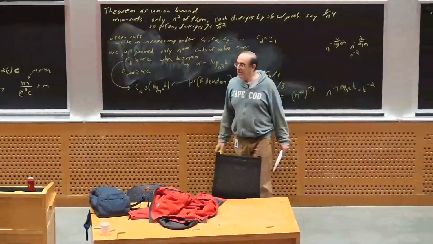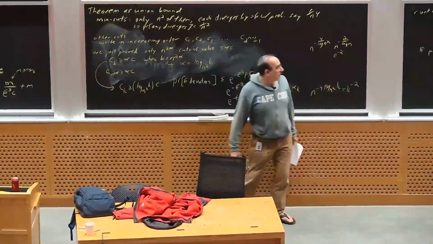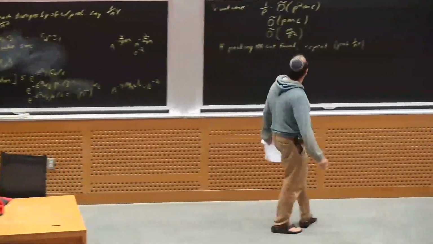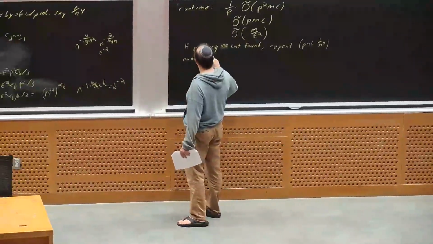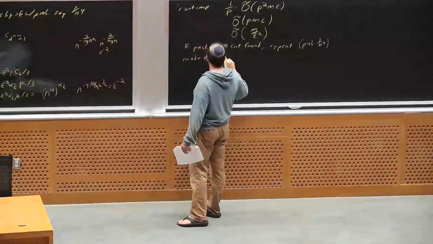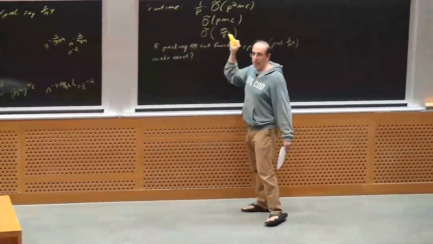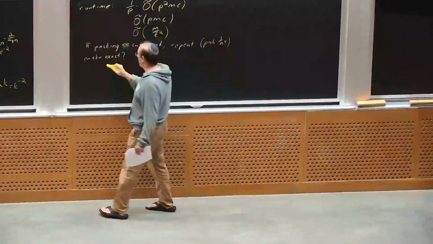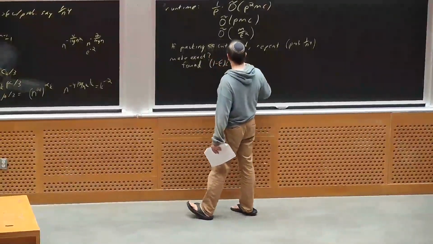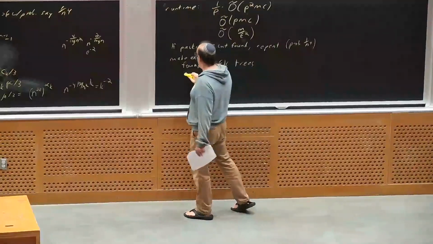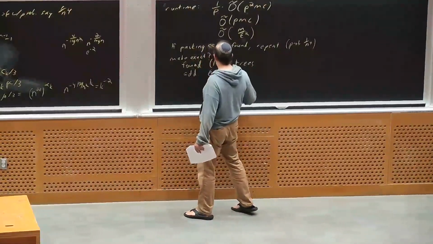How many more trees am I going to need to add? The whole point of this is that it found a 1 minus epsilon times optimum packing, right? So I need to add epsilon C more trees.